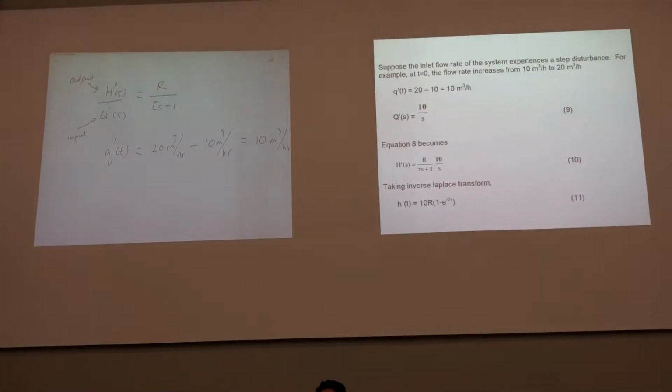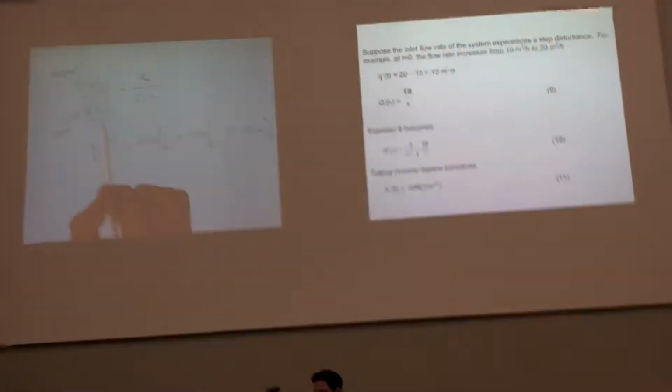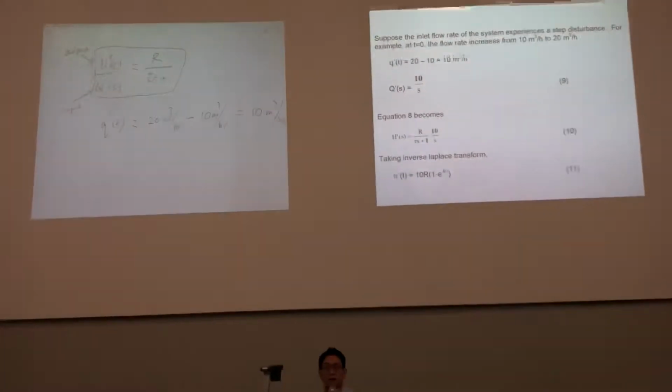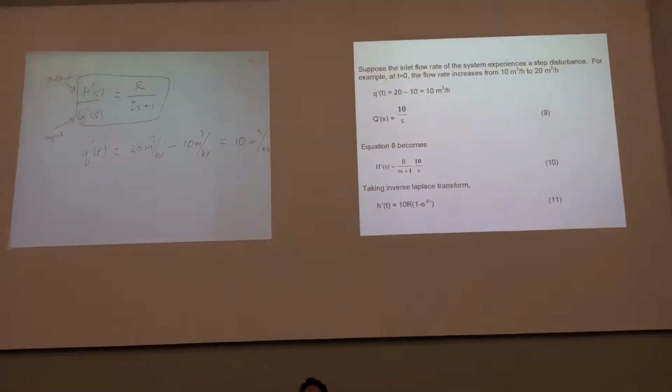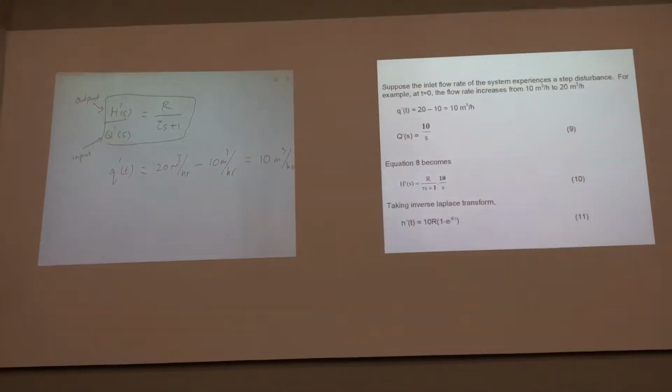In order for me to use the transfer function, which is in the Laplace domain, I cannot use this q prime directly. I must transform it before I can use the transfer function.